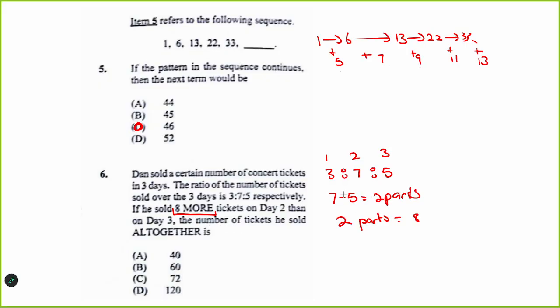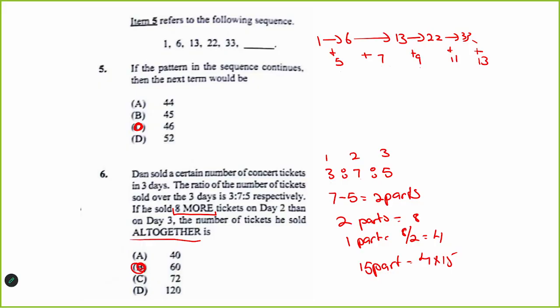We found the difference between day 2 and day 3 in parts would be 2 parts. 2 parts is 8. 1 part would be 8 divided by 2, which is equal to 4. And therefore they want to know all the tickets altogether, which is 7 and 3 is 10, 10 and 5 is 15. 15 parts would be 4 times 15, which is 60.